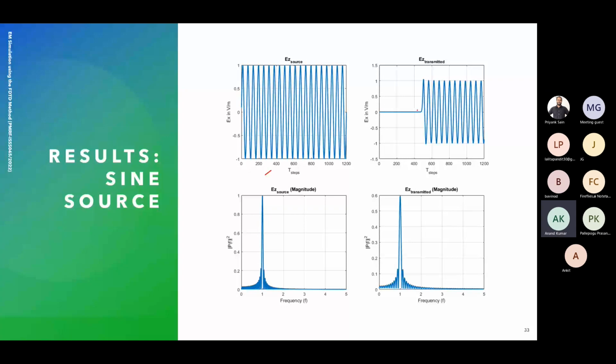We see the same sinusoidal function, and performing an FFT, we see that both of them are at the same frequency. If I'm giving a source of 1 GHz, I see the same wave propagate, and if the frequency is the same, we should get the same frequency domain results.